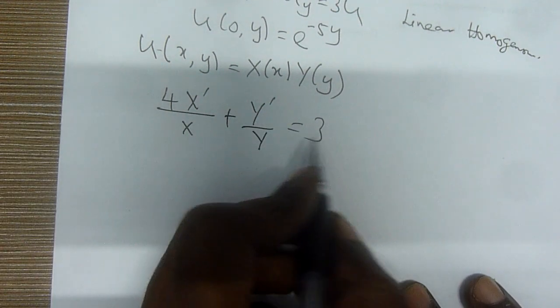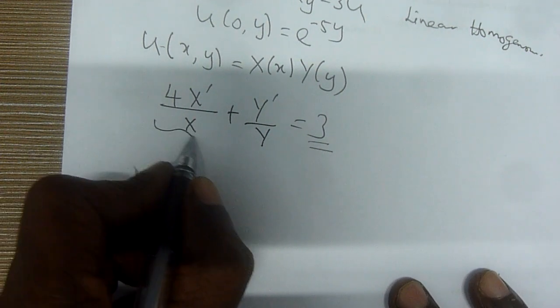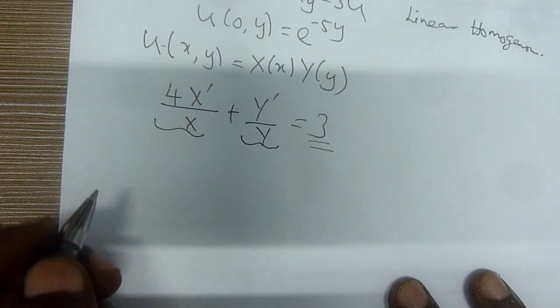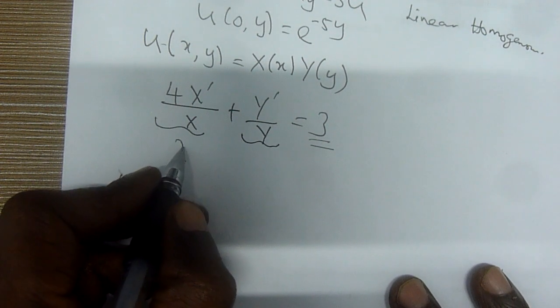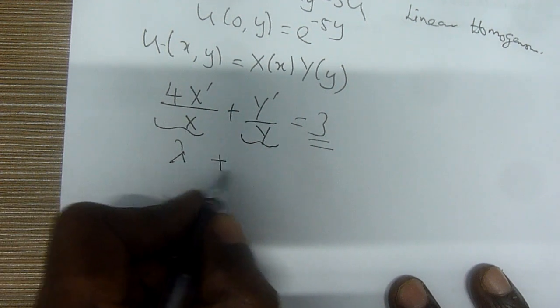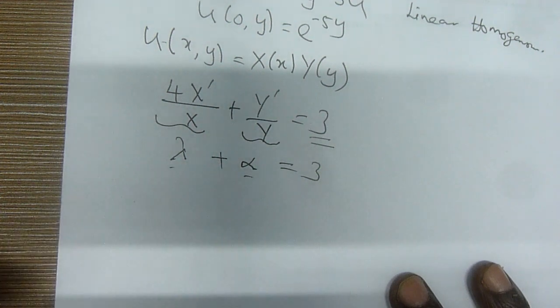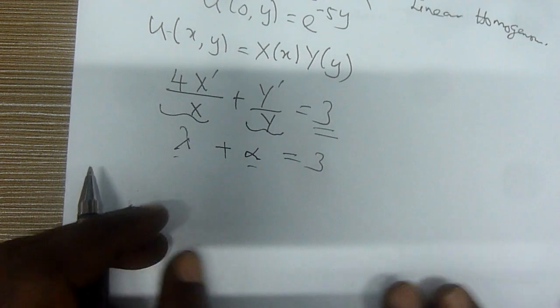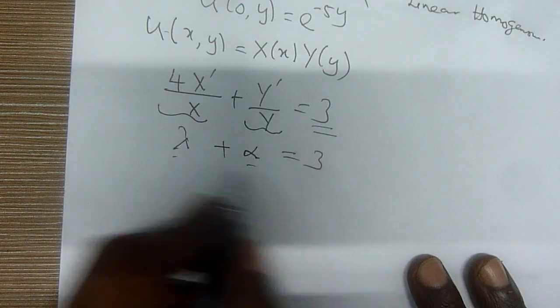But we know this is a constant, and this will represent a constant as well, right? It should be a constant. Can I use lambda plus alpha become 3? Both are constants? Can't. Okay, this is a very important breakthrough here.